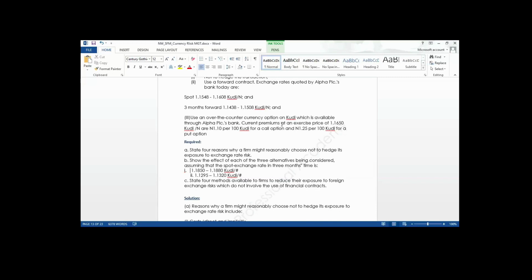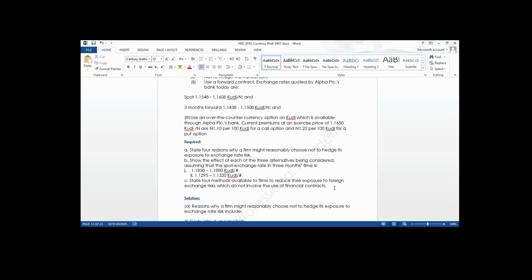That means we need to obtain the right to sell. To sell is a put option. Required here is the put option. And the premium for the put option is 1 naira 25 kobo per 100 kudi.